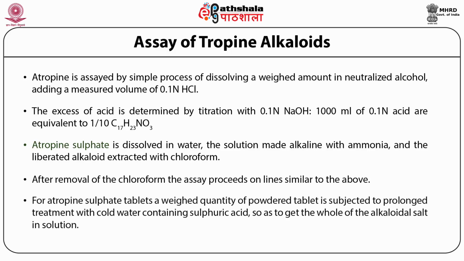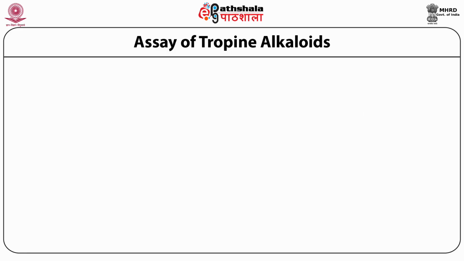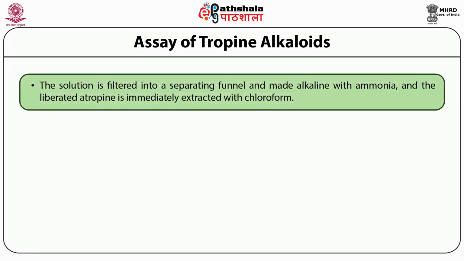As for atropine sulfate tablets, a weighed quantity of powdered tablets is subjected to prolonged treatment with cold water containing sulfuric acid so as to get the whole of the alkaloidal salt in solution. The solution is filtered into a separating funnel and made alkaline with ammonia. The liberated atropine is immediately extracted with chloroform.